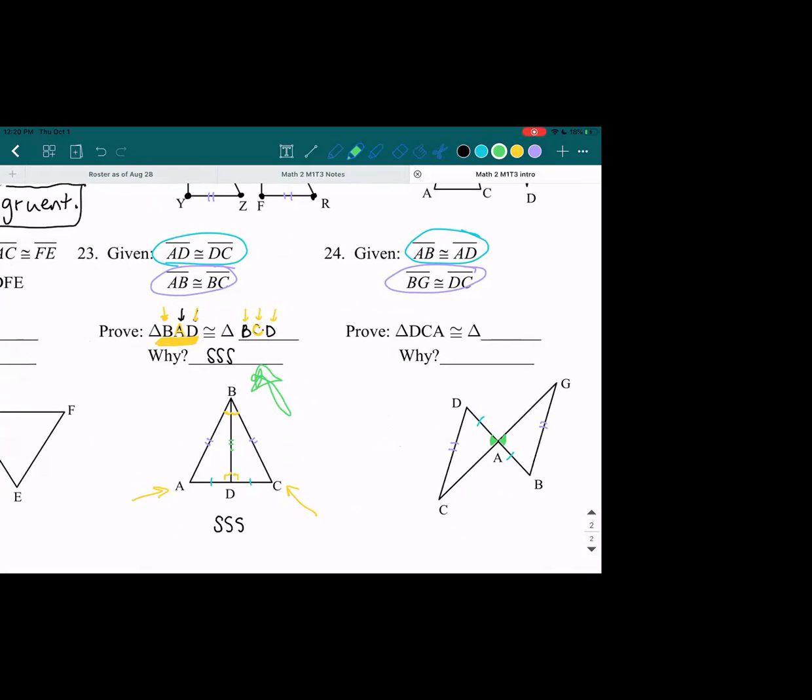But in example number 24, they do not give us 3 sides. They give us a side, another side, and then an angle. So we have SSA here.